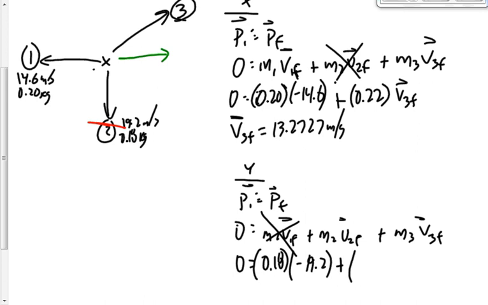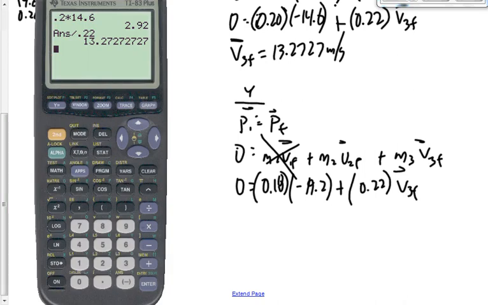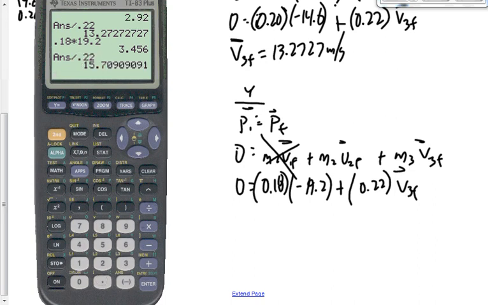M3 was, what did we say it was, 0.22 times V3F. Solve for V3F again. I'm going to say 0.18 times 19.2. We're taking it to the left side by adding, and then we're going to divide that by 0.22. 15.7091.